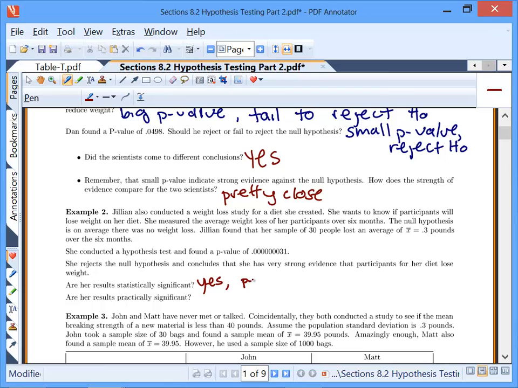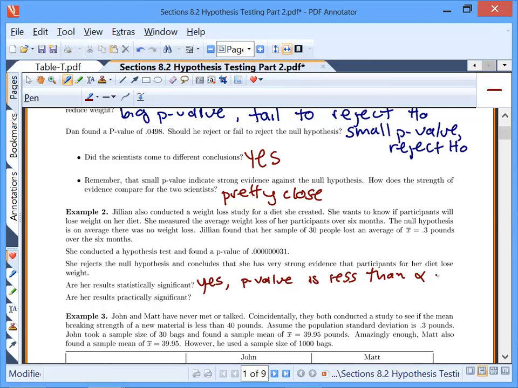Yes, because the p-value is less than alpha. Now, they didn't tell us a specific alpha, but for any alpha you choose, that p-value is going to be smaller than it. So that's how you tell statistically significant. Statistically significant is anytime you have small p-values. So she is very, very sure that her participants lose weight.